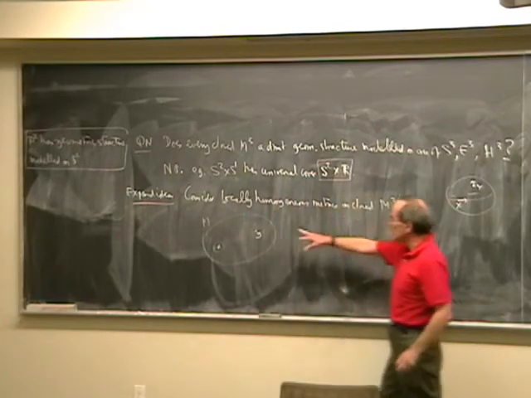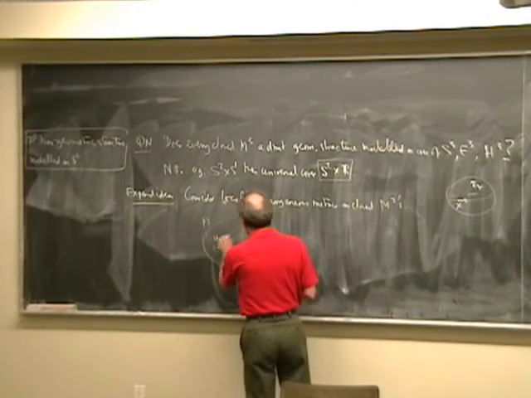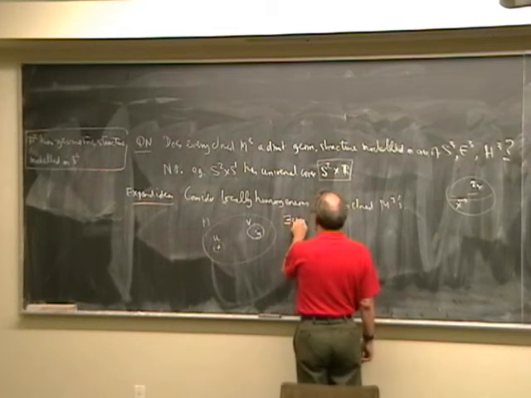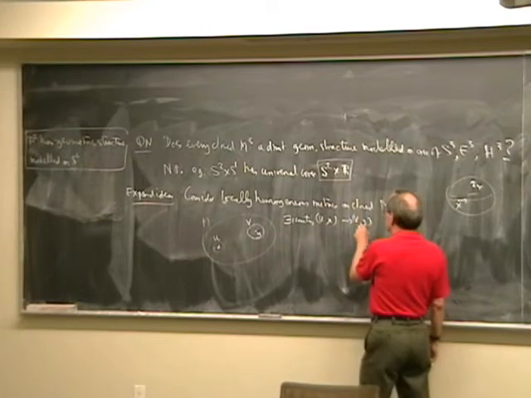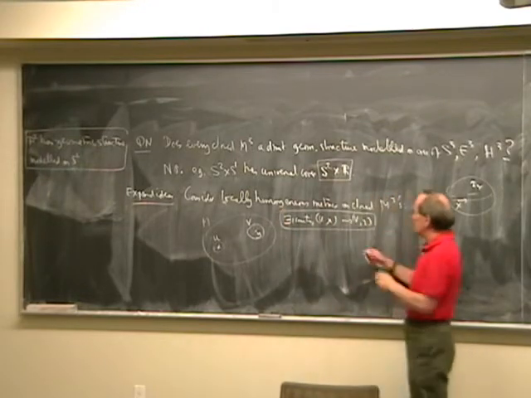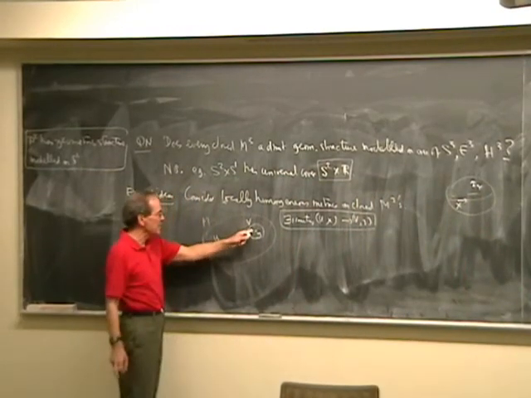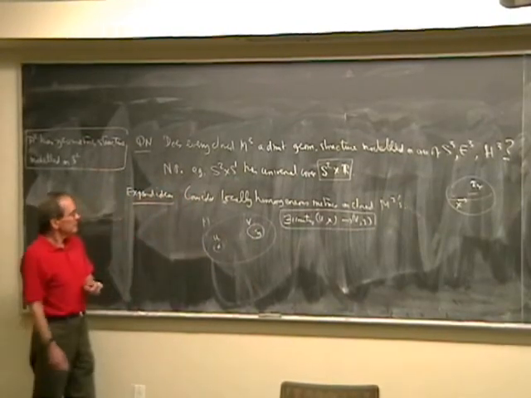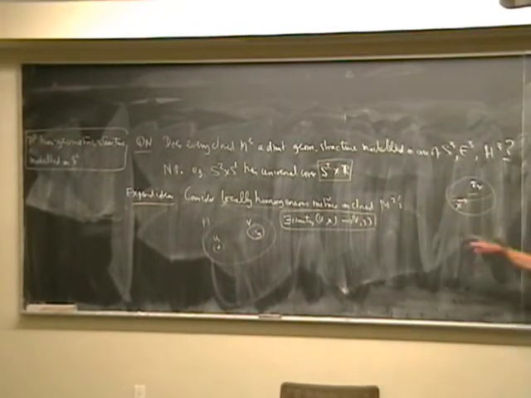I'm not assuming there's an isometry of the manifold that sends x to y. But given the point x, there's a neighborhood U, and given the point y, a neighborhood V, and there's an isometry from U to V that sends x to y. Given any pair of points, there exist neighborhoods U and V such that there's an isometry from U to V that sends x to y. So that's locally homogeneous. And if you have such a thing, it turns out the universal covering is always going to have a homogeneous metric.